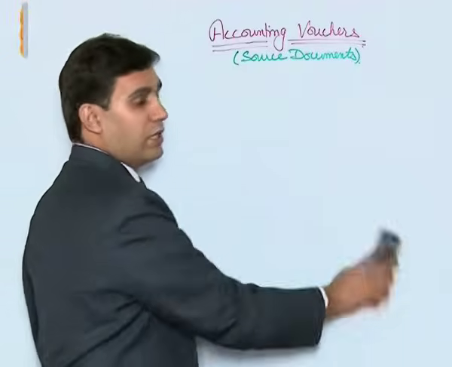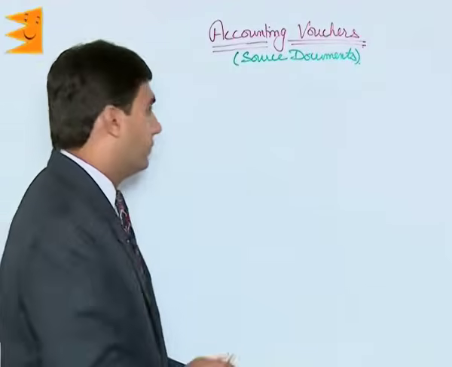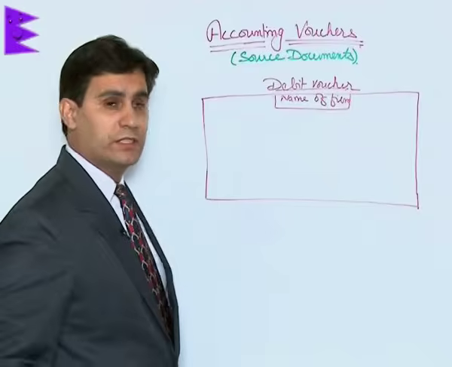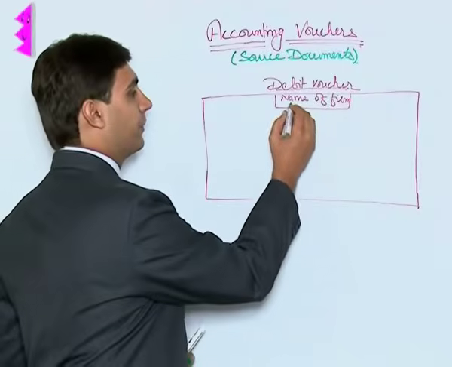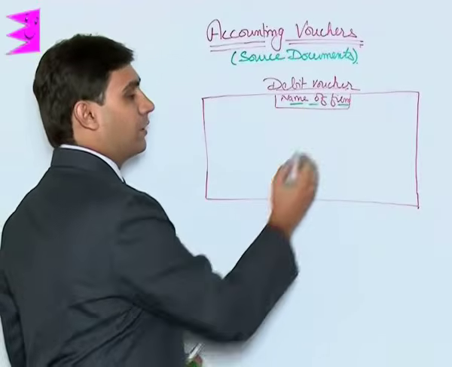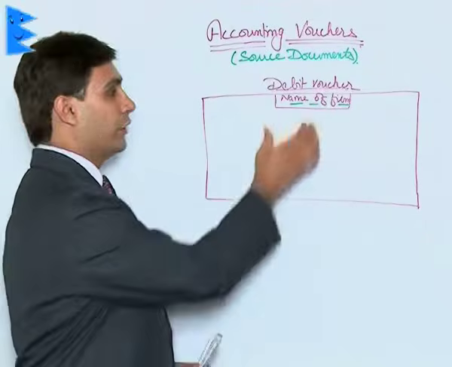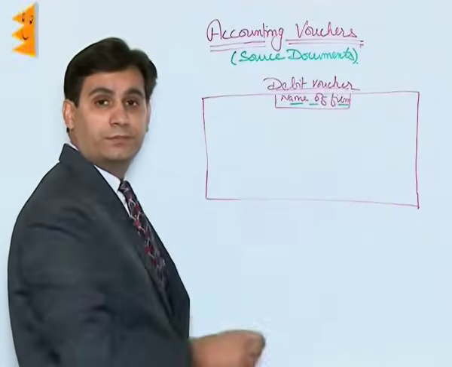I am making a small debit voucher for you. Now student, it is a debit voucher. The first characteristic that it must have is the name of the firm here. The name of your firm. Let's say you are a firm by the name of ABC Limited. So it will carry the name ABC here.